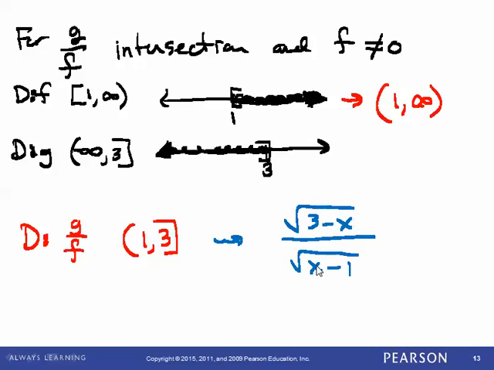Because of this constraint, the lowest number I can put in here is, I can't put a 1 anymore, because 1 subtract 1 is 0, and the square root of 0 is going to be a problem. So the lowest number I can put in here is something a little bit bigger than 1. That would still work, because zeros won't work this time anymore. Okay, so there's your domain. I'll let you guys have so much fun with the homework on that one.